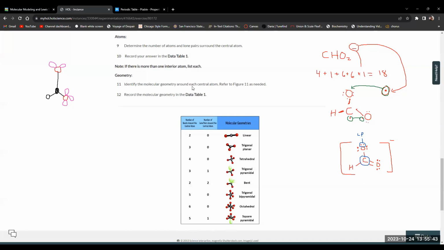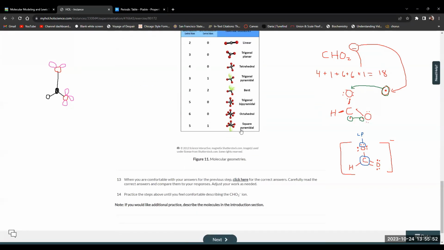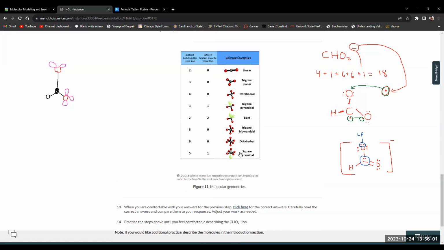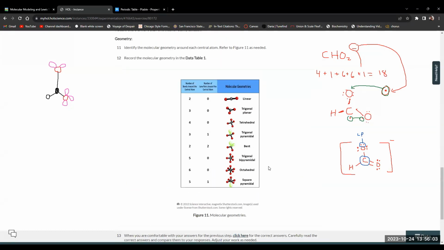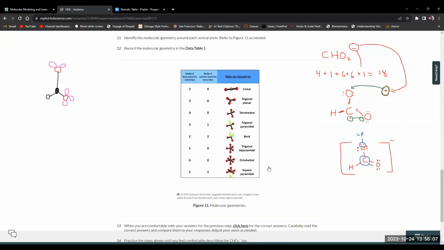All right, number 11. Identify the molecular geometry around each central atom. Refer to figure 11 as needed. So, judging by this table here, which one would you say best represents the structure we built?